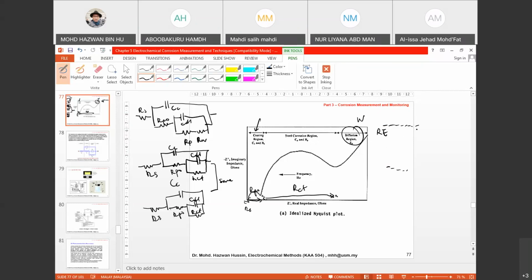Imagine this is your coating, and then this is your metal. Of course, the first one you are going to have RS, resistance of solution.